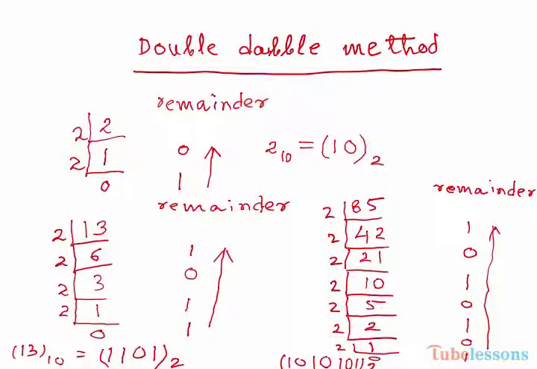Binary 1010101 equals decimal 85. So that is the final answer.